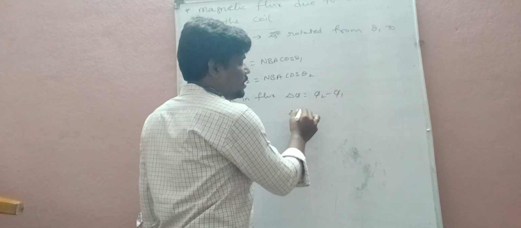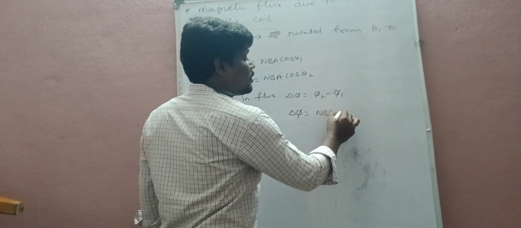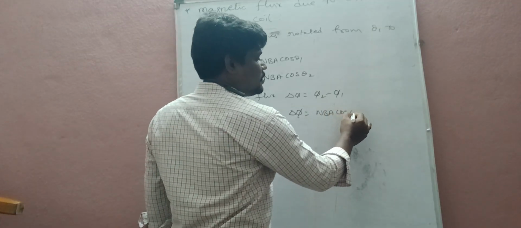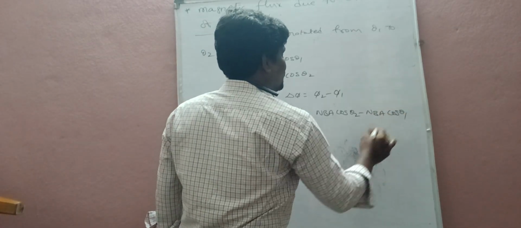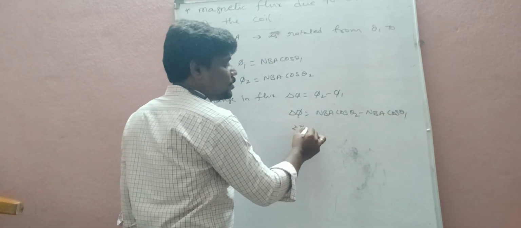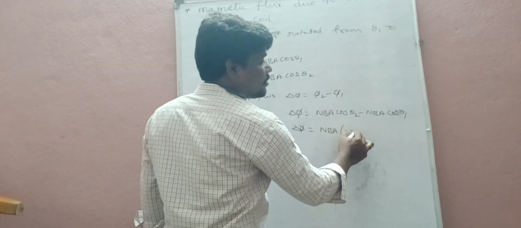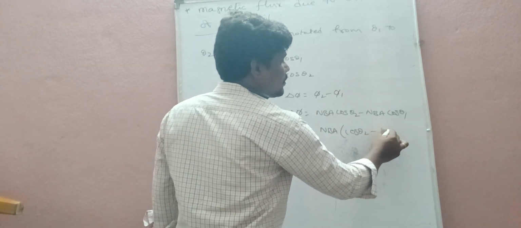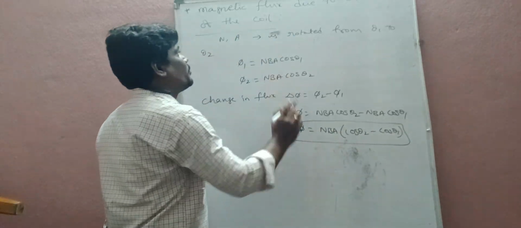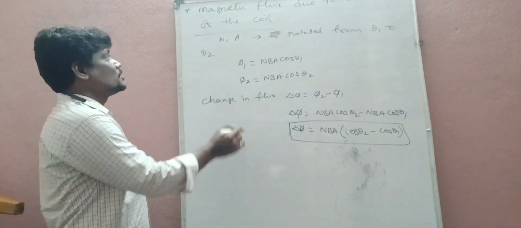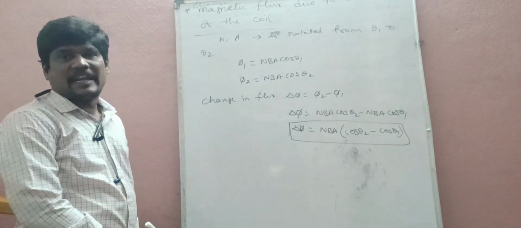That is delta phi equal to NBA cos theta 2 minus NBA cos theta 1. That is delta phi equal to NBA, we can take a common, that is cos theta 2 minus cos theta 1. This is the change in magnetic flux.